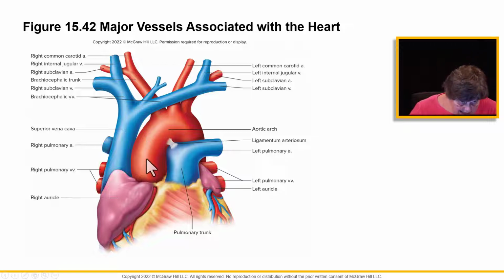This is the ascending aorta, the aortic arch, and then the descending aorta. You have 3 branches off the aorta. Pig has two, but for humans, we have the brachiocephalic trunk or the brachiocephalic artery. Then we have the left common carotid and the left subclavian.